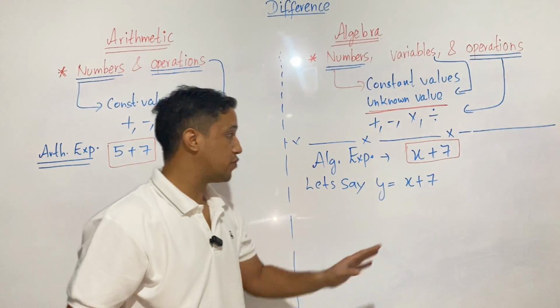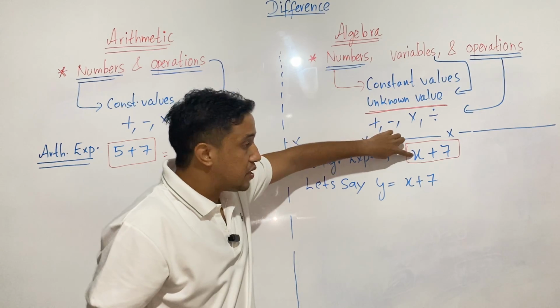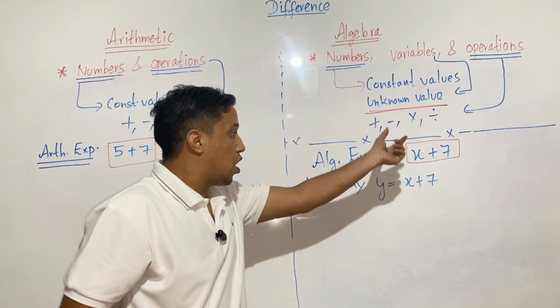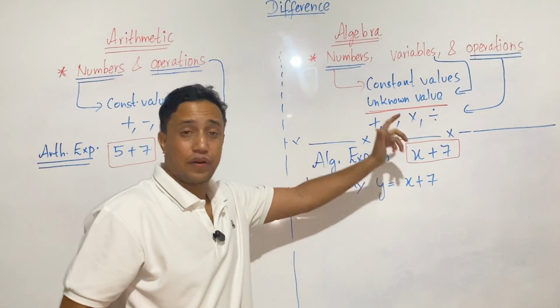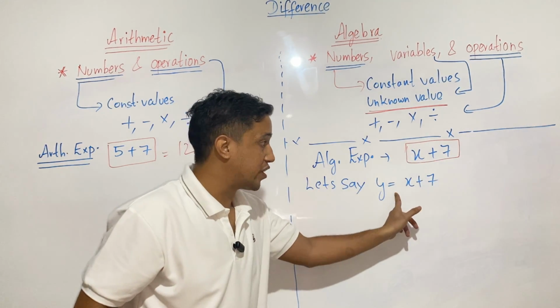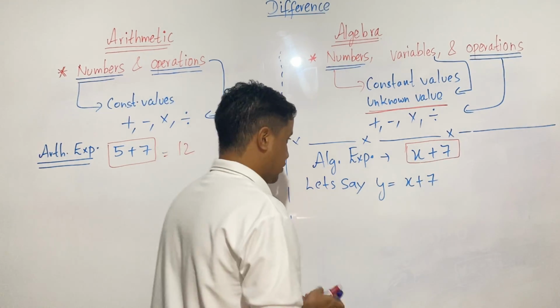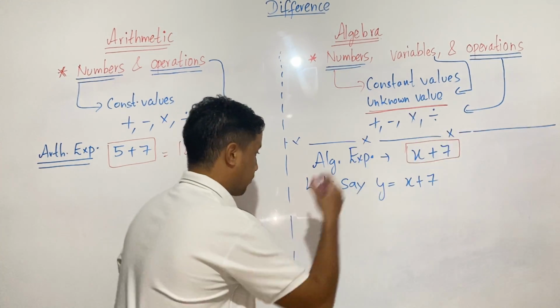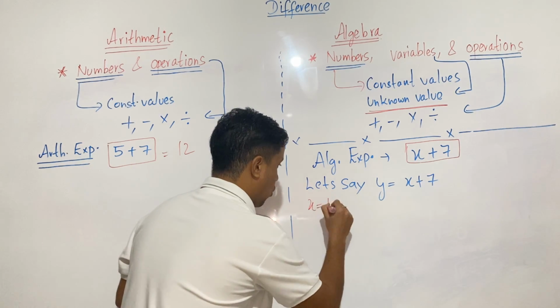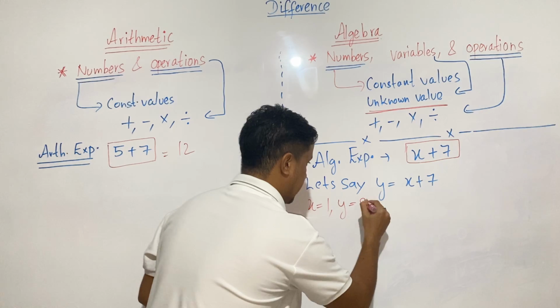For example, if x takes one value, for example the constant 1, then y is going to be 1 plus 7, which is 8. So if x is equal to 1, then y is going to be 8.